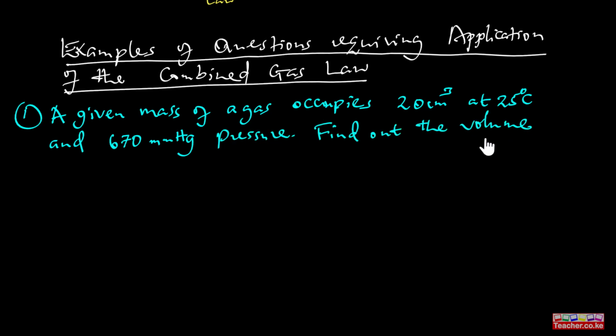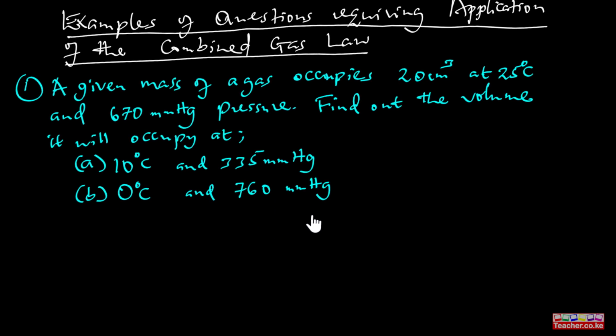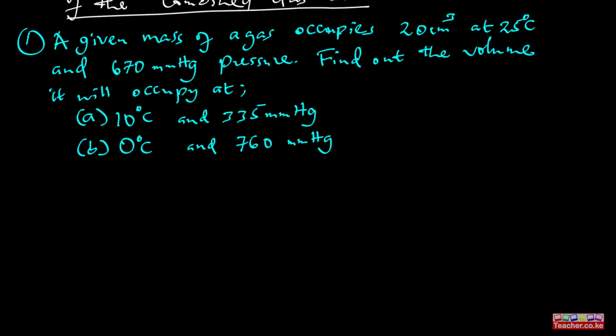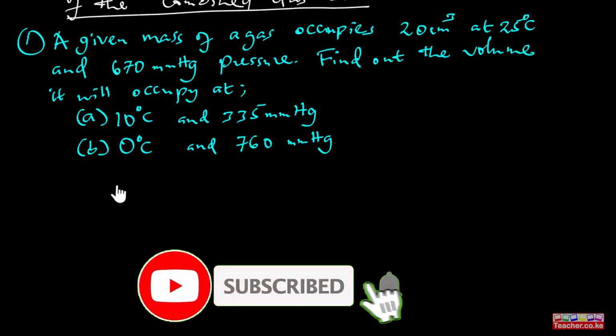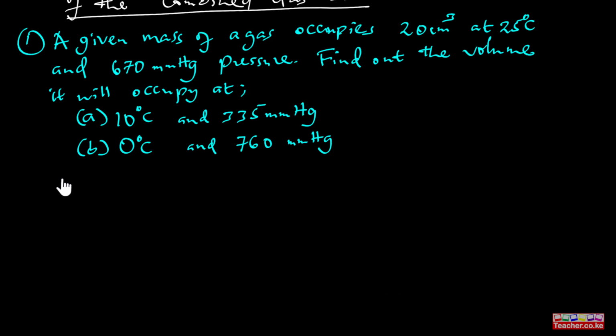Find out the volume it will occupy at the following pairs of values. A. 10 degrees Celsius and 335 millimeters of mercury. B. 0 degrees Celsius and 760 millimeters of mercury. You can pause the video and try out this particular question. Then you can resume playback to confirm your answers.